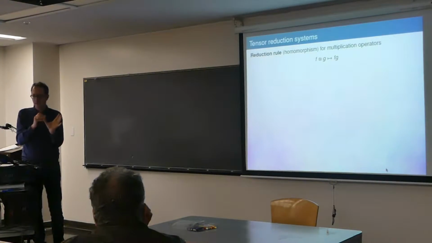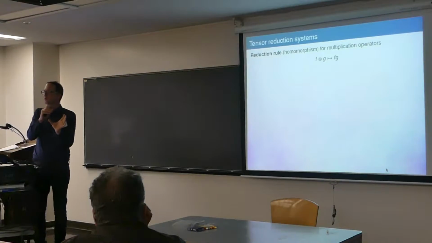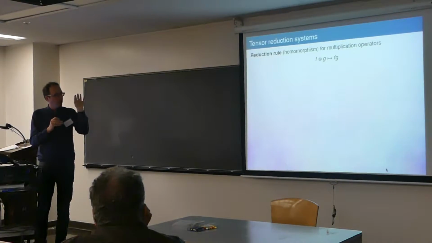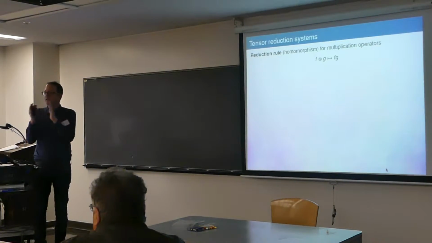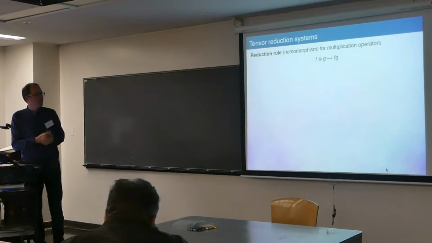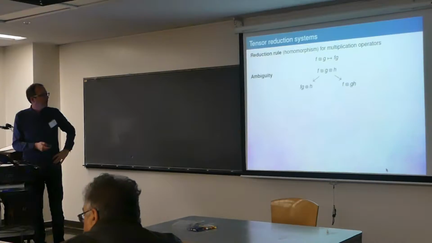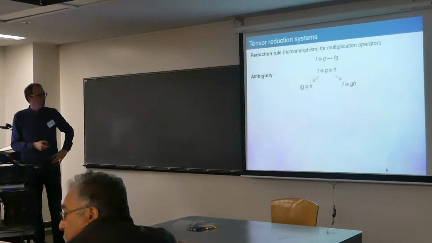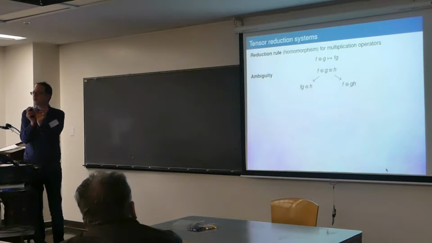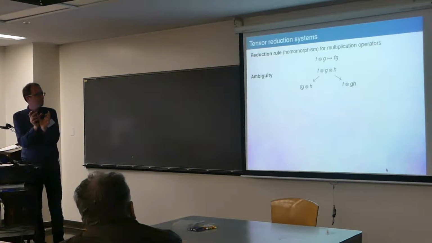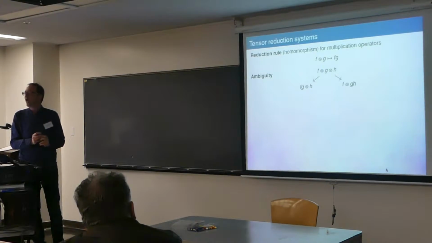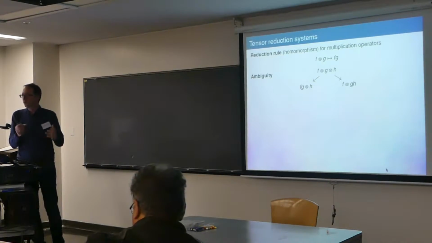So like in Gröbner basis computations, you replace the head by the tail of the polynomial that you have here. This is the reduction rule. And as usual, what can happen is you look at the first occasion when you can apply two different rules. This is then called an ambiguity or an overlap ambiguity.